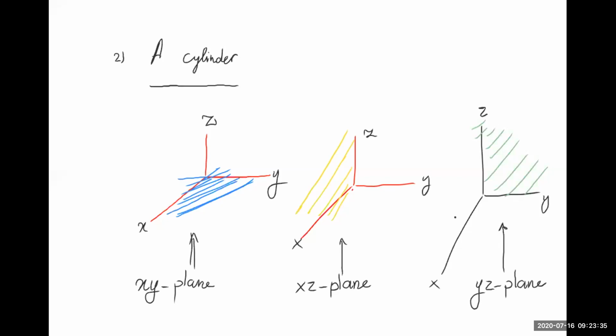Okay. There are 3 planes we have here. Actually, we can write down its equation. What is the equation of, for example, XY plane? Let's just look at the XY plane.